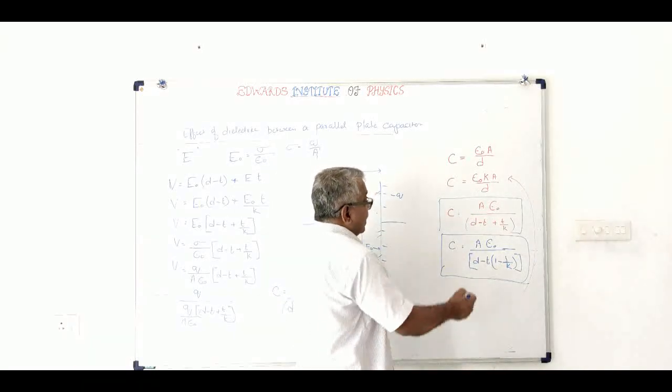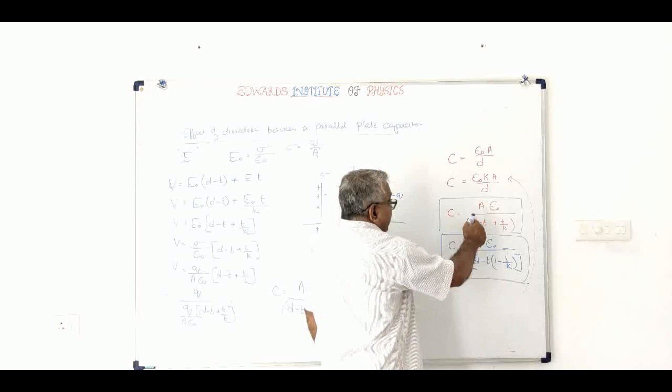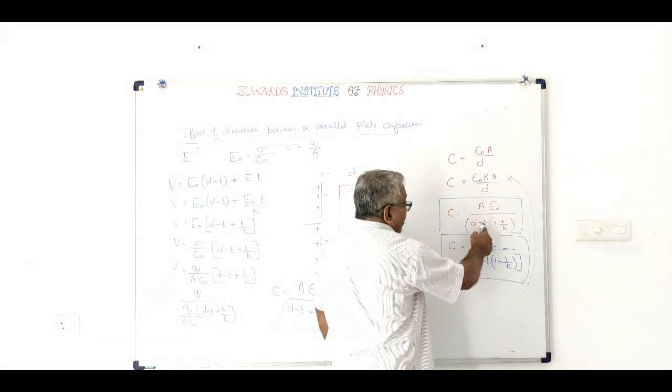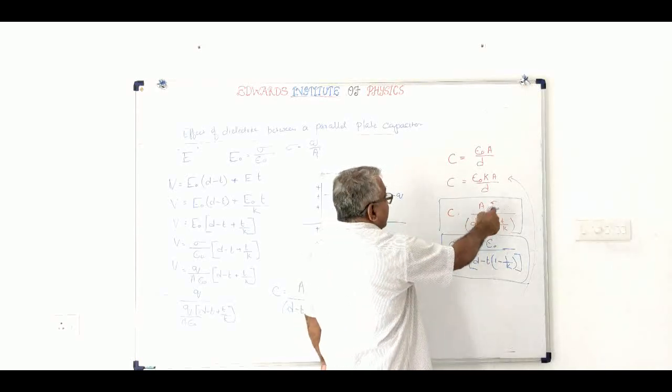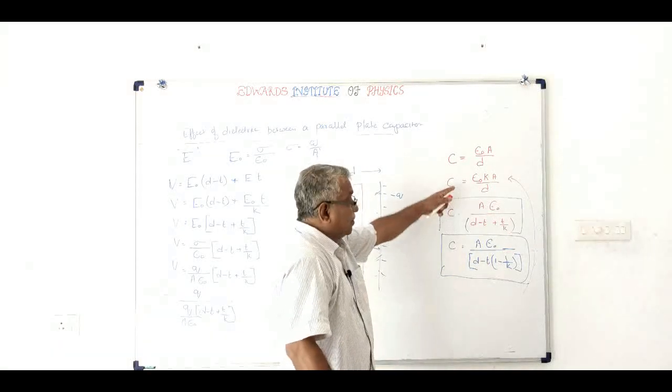So when you take the special case, you have to take this formula. Then T will be equal to D, so D minus D by K. So these two will become 0 and it will come to this formula.